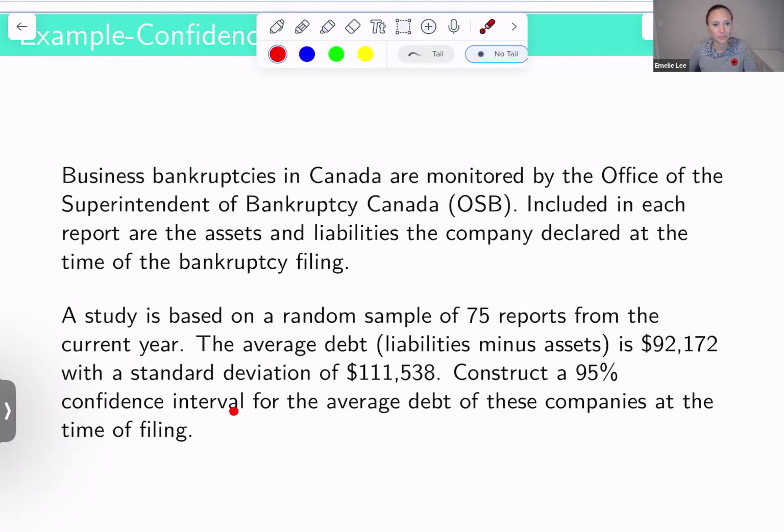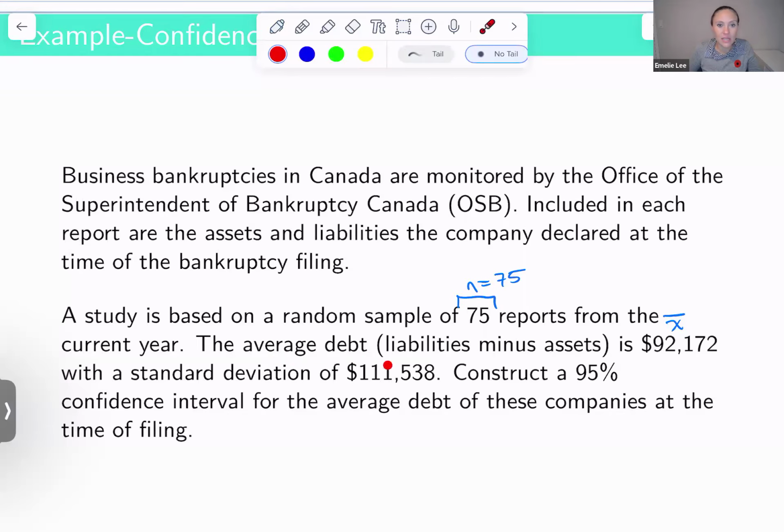Okay. Now, what are we given here? Unlike before, we have to kind of pick out. So the question earlier said X bar is this and S is this, and so I was kind of holding our hands a little bit, right? And so a study is based on a random sample of 75 reports. So that means that my N is 75.